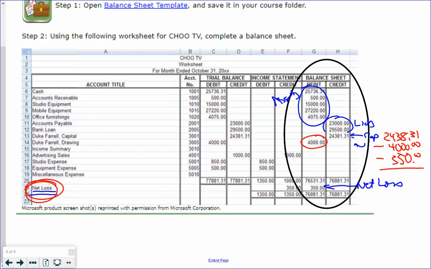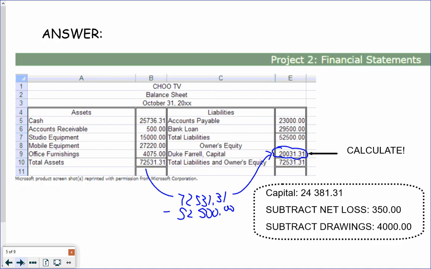So that will also give you this number right here. So you can either just do assets minus liabilities, or you can go with the numbers off of the table. I don't care which way you do it. The point being is that this is a balance sheet. So those two columns have to balance out by the time you're said and done.